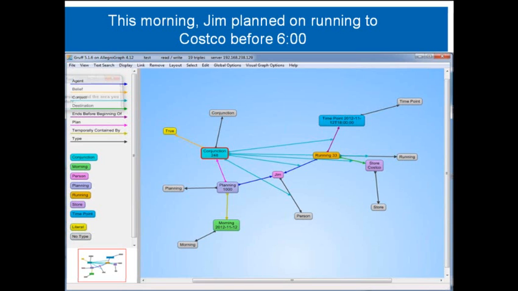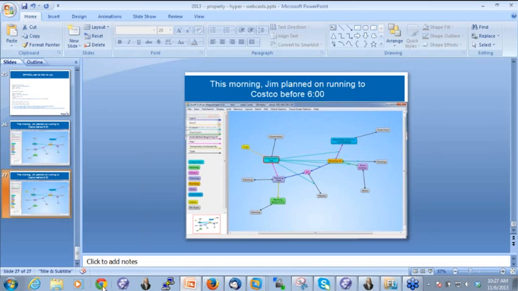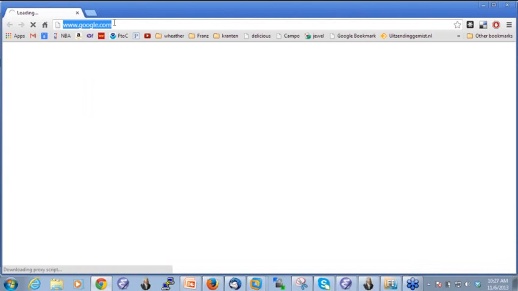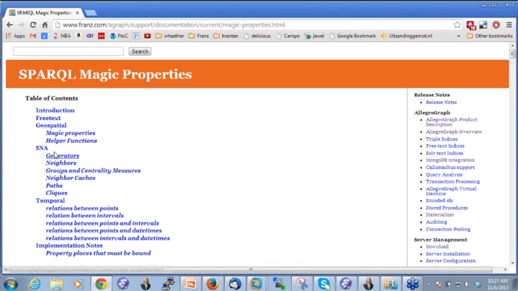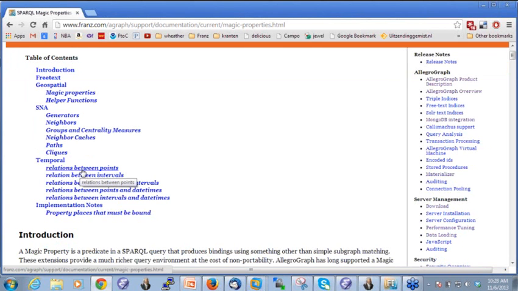I think you might mean magic properties. Oh, magic properties. Okay. So here are our magic properties for geospatial, social network analytics, and temporal. Here are a lot of different geospatial magic properties. I'm thinking that you were referring to things like saying the subject is in the bounding box given a particular location, the lower left point and the upper right point.